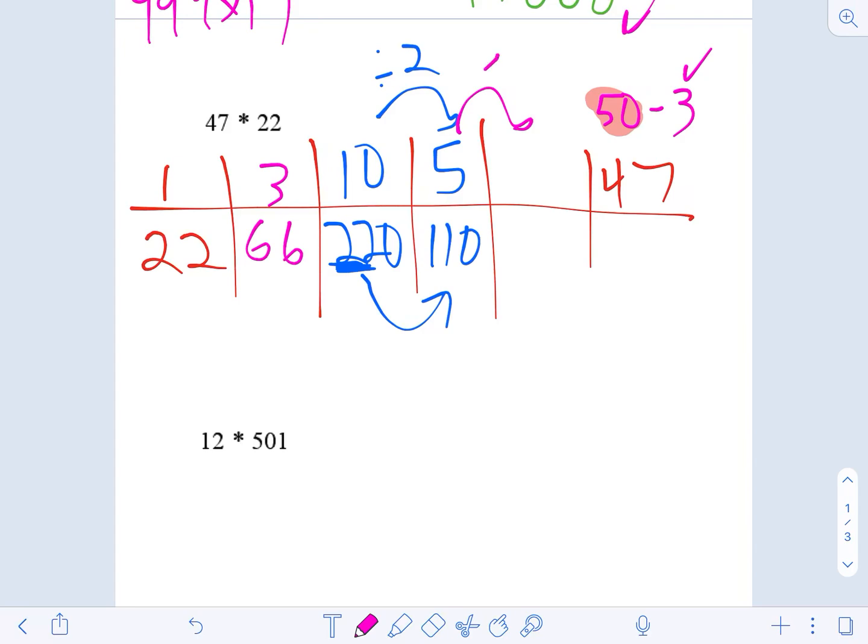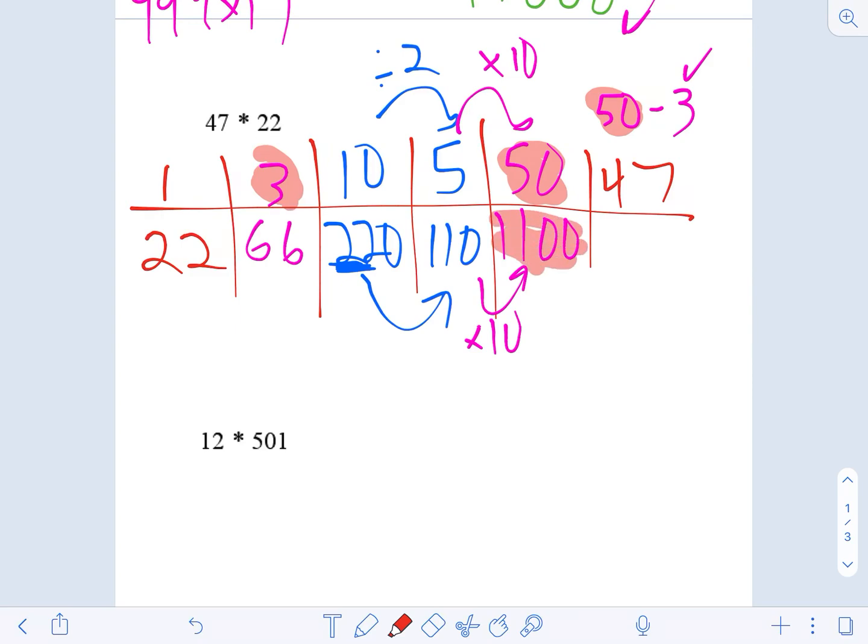5 times 10 is 50. 110 times 10 is 1 with 2 zeros. So now we have 50 and we got 3. We got 50 minus 3 is 47. So now we do 1100 minus 66.